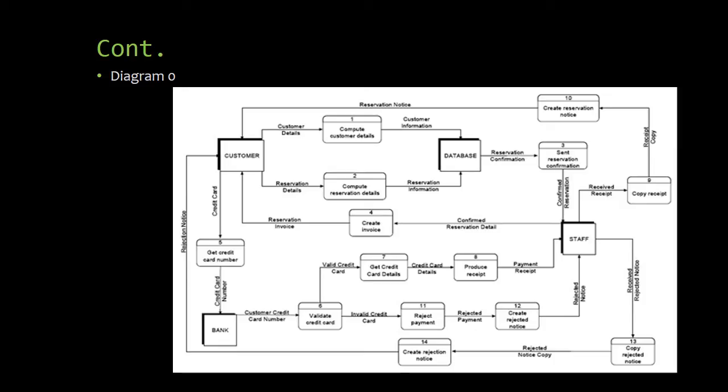The staff will receive the rejected notice and copy the rejected notice, create a rejection notice for the customer, and the customer will receive the rejected notice saying that his or her reservation was unsuccessful. So that is about diagram 0.